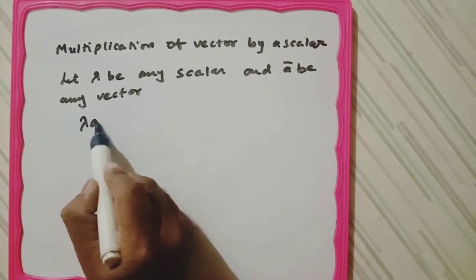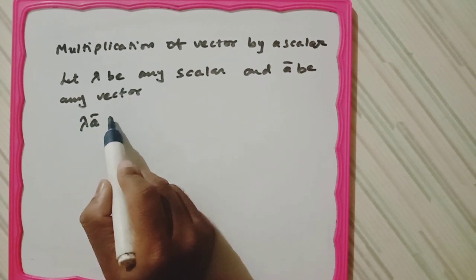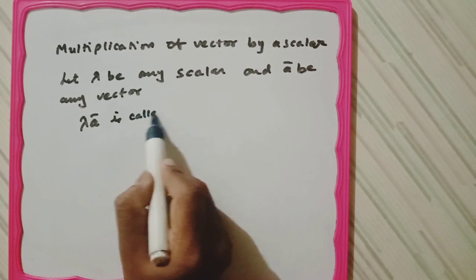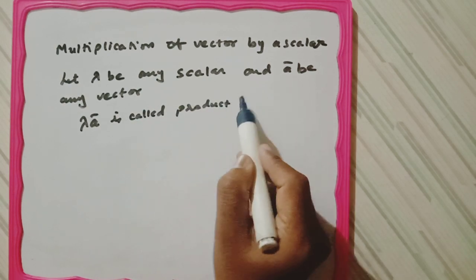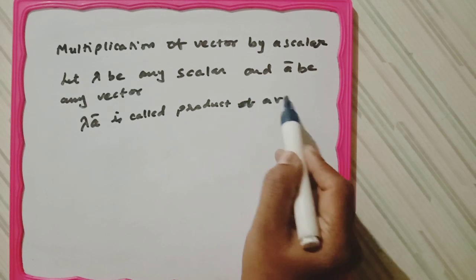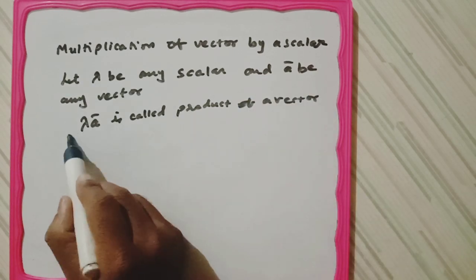Then lambda a bar is called the product of a vector by a scalar.